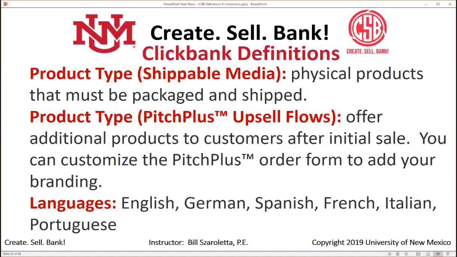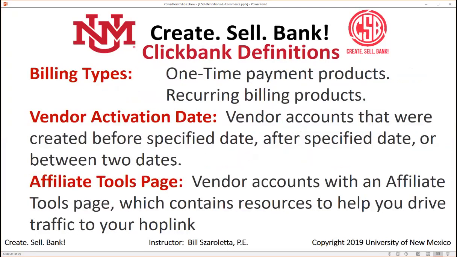You can customize the Pitch Plus order form to add your branding and, of course, the products that you want to add. They support different languages, and the billing types. These are one-time payment or recurring billing products that you can separate off.